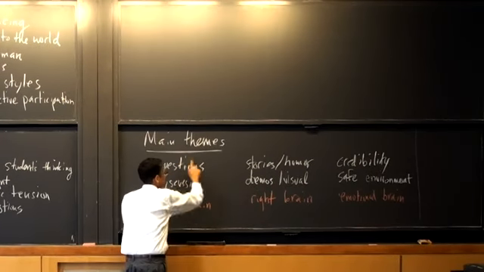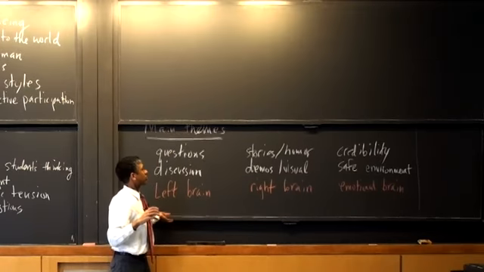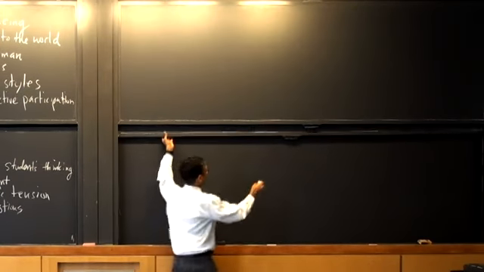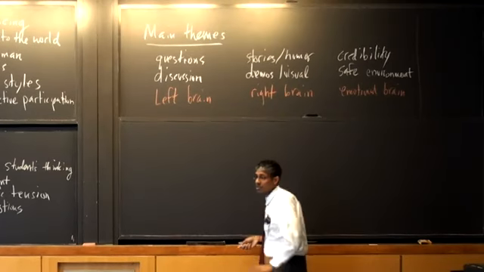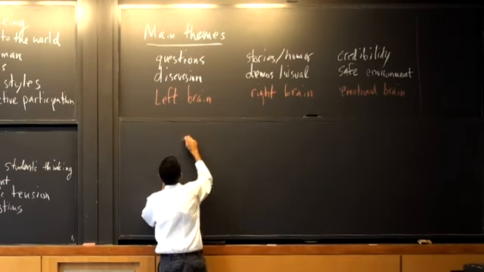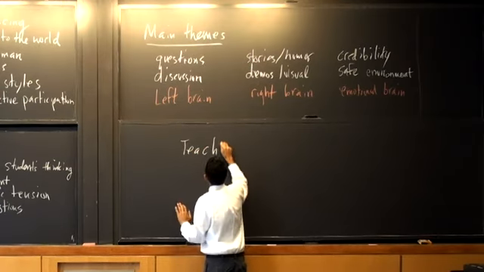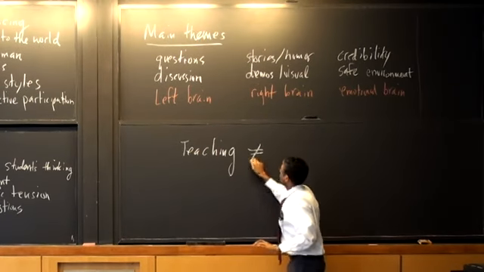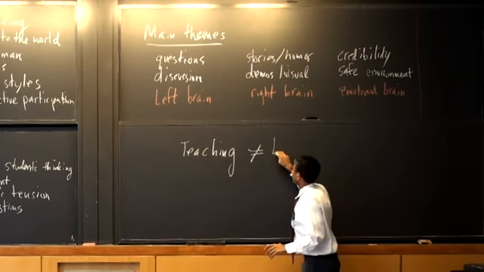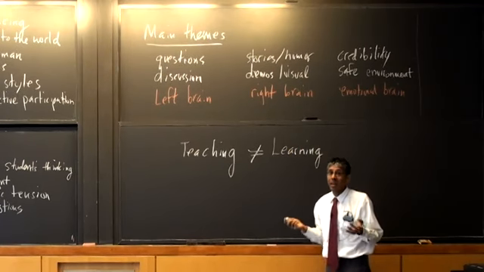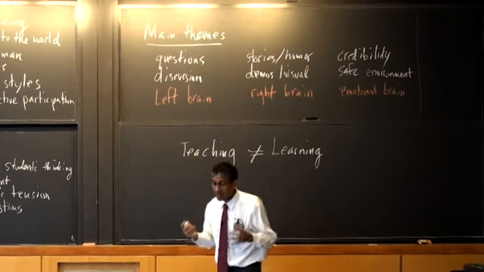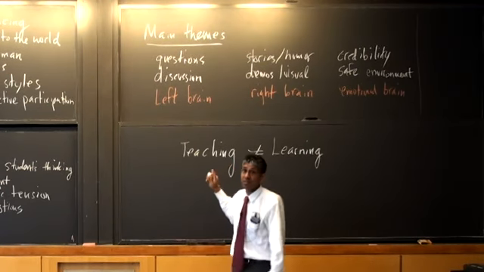So from all these themes, I extract one giant theme, which is that teaching is not necessarily equal to learning. Just standing up there and teaching stuff is no guarantee that students will learn it.